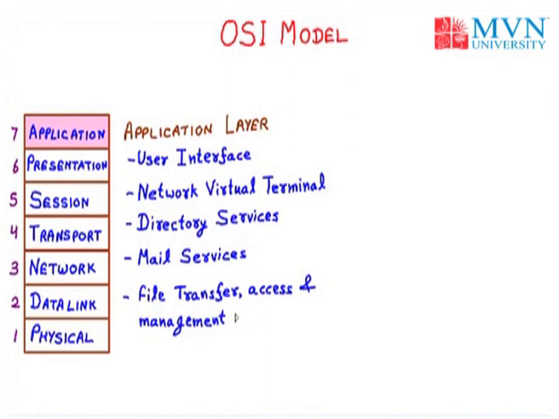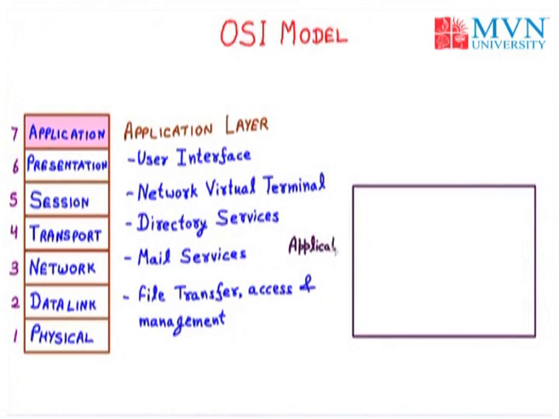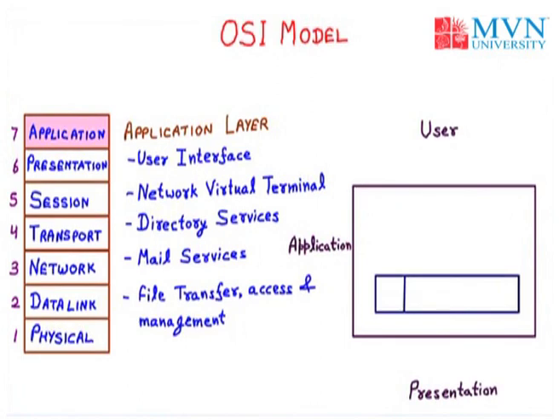Now to understand the basic features of the application layer, let us take the example of a diagram. So this one is my application layer. Above the application layer we have the user and below we have the presentation layer. Now we have particular data followed by the header which is sent by the presentation layer to the application layer.